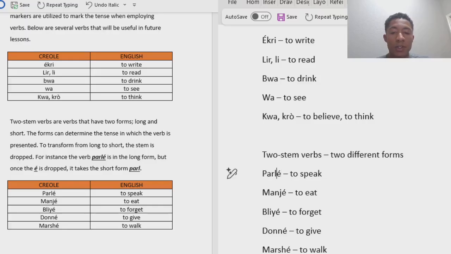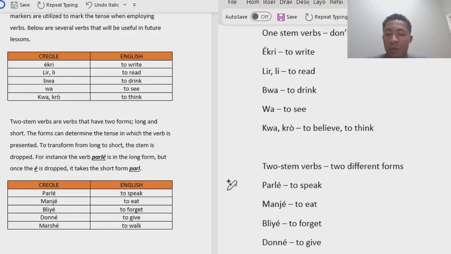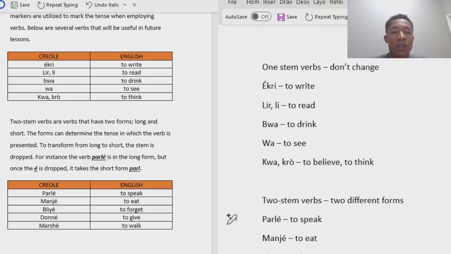So accent aigu. Parler, manger, oublier, donner, marcher. You catch my drift? For the one-stem verbs, you sometimes end with the i or the a. So écrit, lit, bois, croire, or quoi.